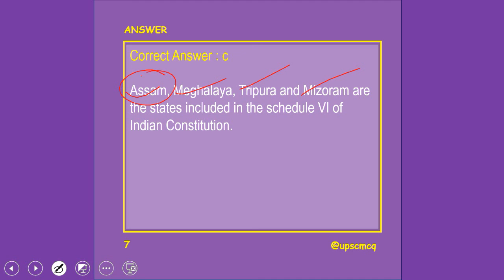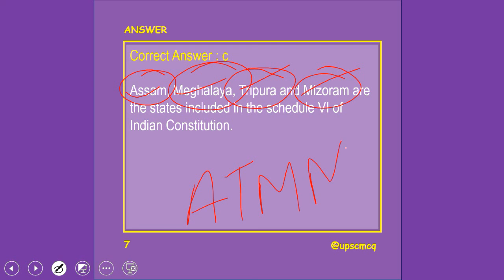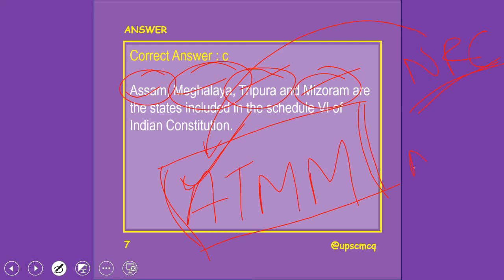Assam is there, yes. Meghalaya is there, yes. Tripura is there, yes, and Mizoram is there. Some people have their own remembering code. We know Assam should be there because NRC was conducted in Assam, therefore go for Assam, not Arunachal Pradesh.